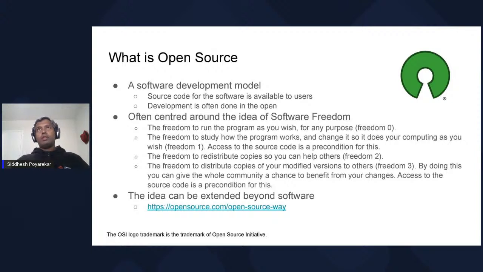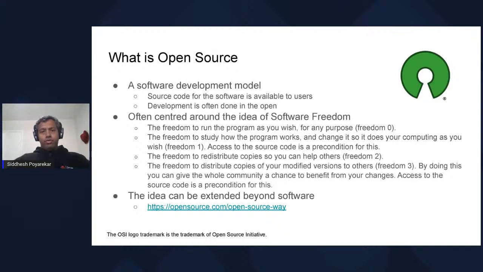I often like to talk about the open source ecosystem, which extends beyond software as well. I think that's one of the themes for Hacktoberfest this year, which is to explore avenues to contribute to open source beyond software, because software is really a very small part of the ecosystem. It is an important part, but it is a very small part of it.